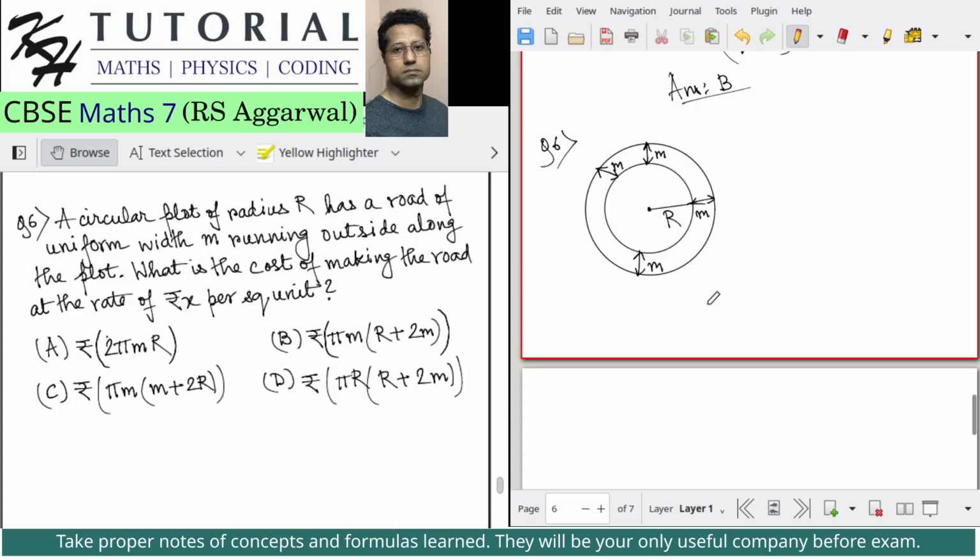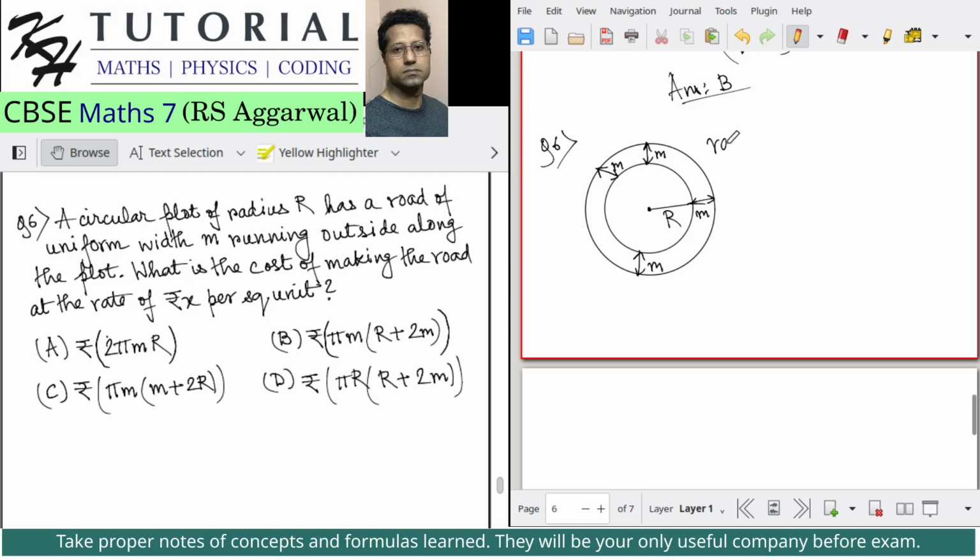So now we can see we have a ring, the circular plot and the road forming a ring. So basically we can now say the area of the road is a kind of ring. We have to find the area of the ring. Now in this ring, what is the radius of the outer circle?